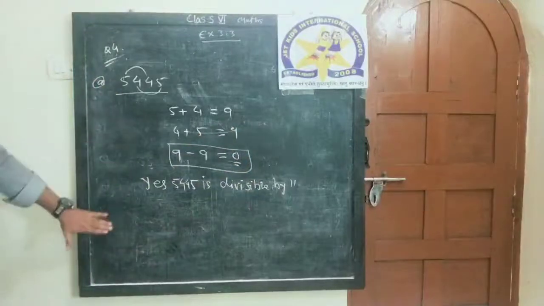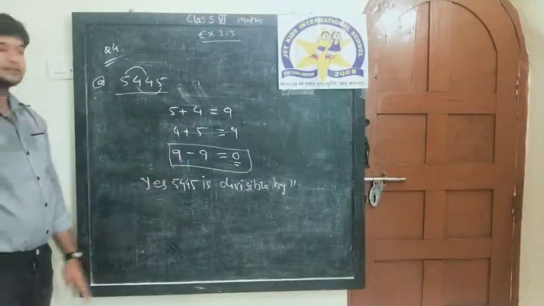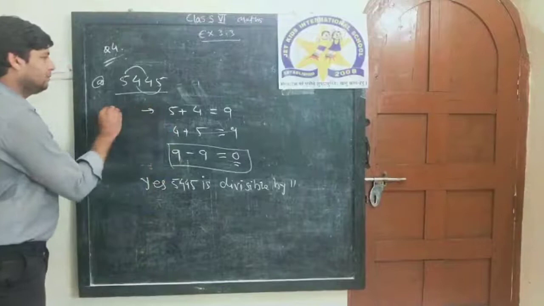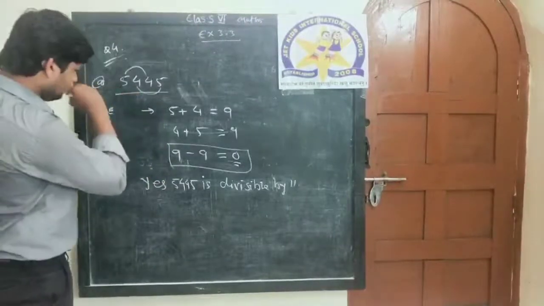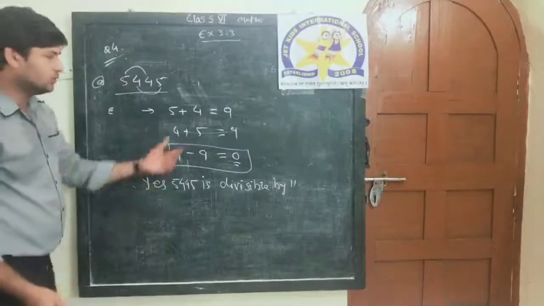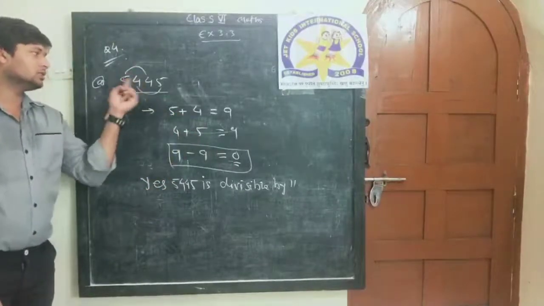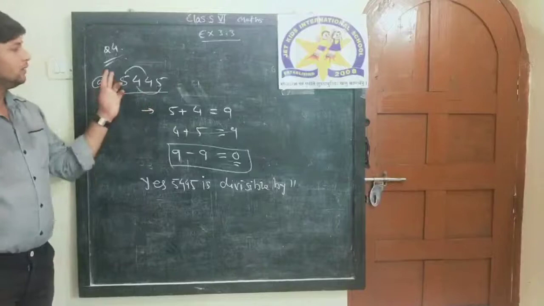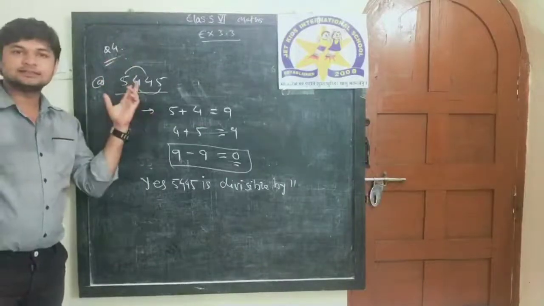Clear? This is how you will write the answer. So you can write even places, odd places, whatever you want to write, you can write, and this presentation is a must. Why? Because we are adding alternate digits.